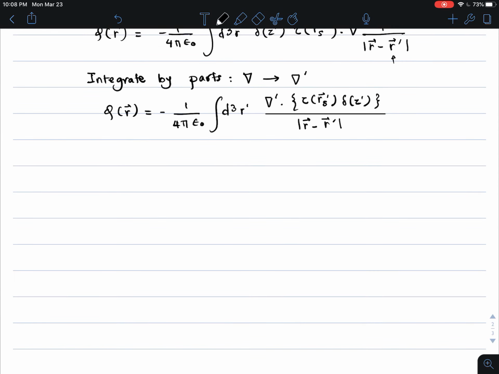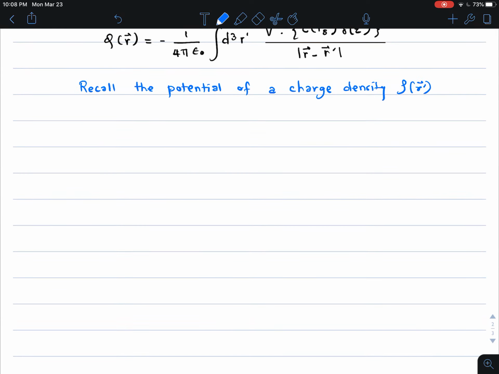And so what we need to do now is again recall the potential of a charge density rho of r prime, let's say, and it's given by phi of r as 1 over 4 pi epsilon 0 integral d cube r prime rho of r prime over r minus r prime.